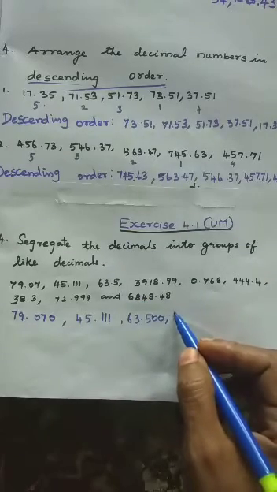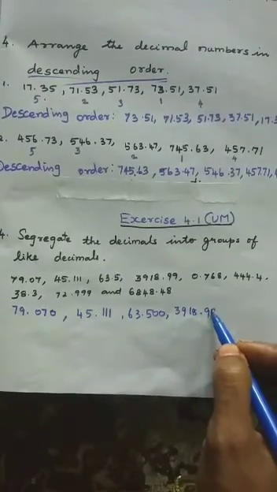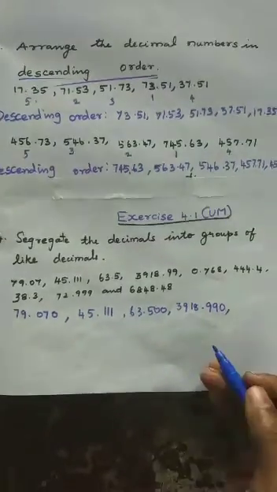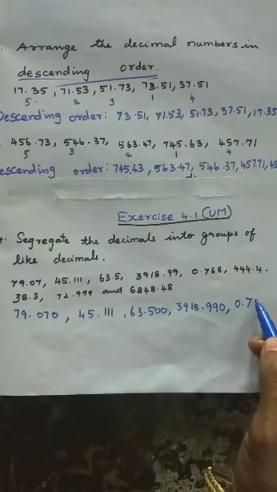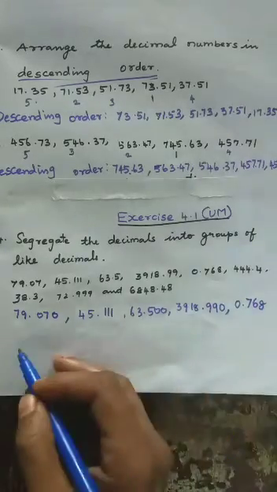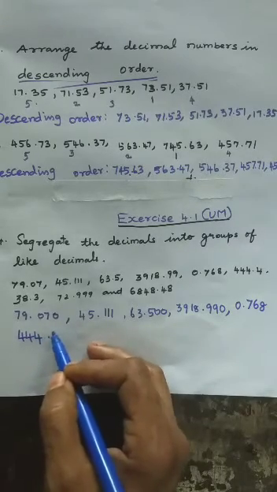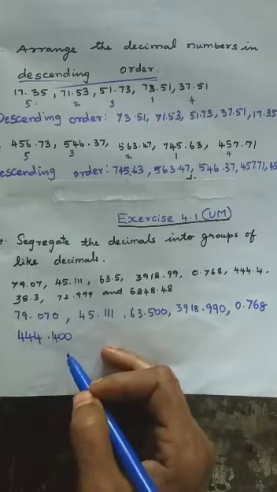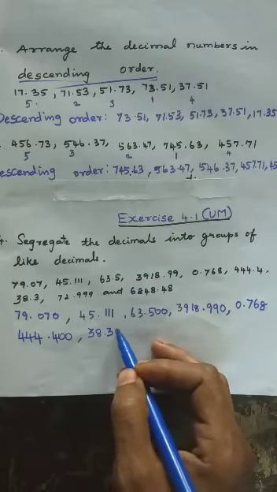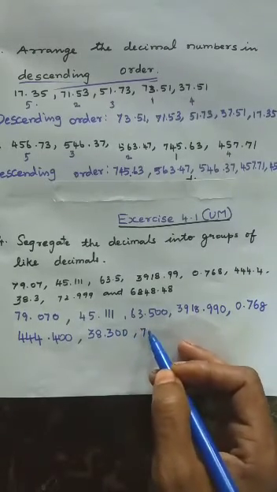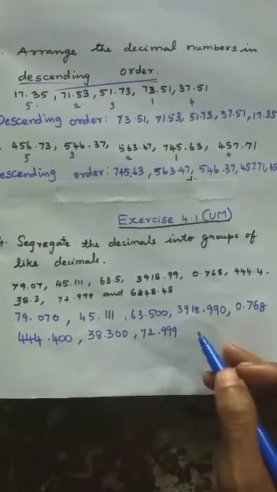Next one, 3980.990. Next one, 0 point, already in 3 decimal places. Then next is 444.400. Next 38.300. Then 72.999, already in 3 decimals.